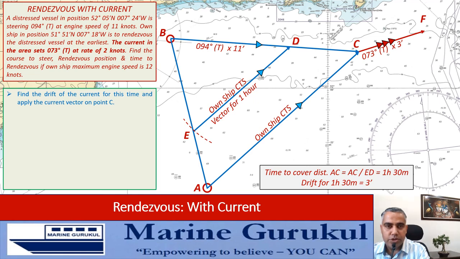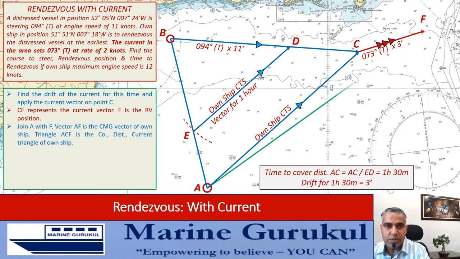Charlie Foxtrot, CF, represents the current vector. Now we join own ship initial position A, Alpha, with the end point of the current vector, that is Foxtrot. So you can see the line joining Alpha with Foxtrot.